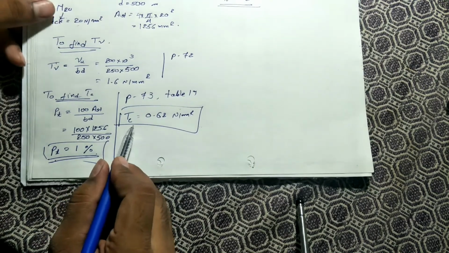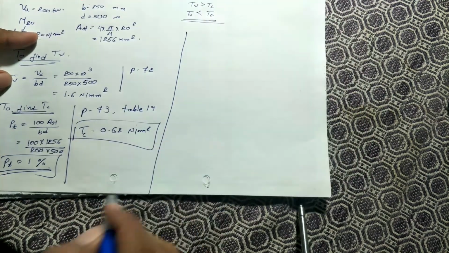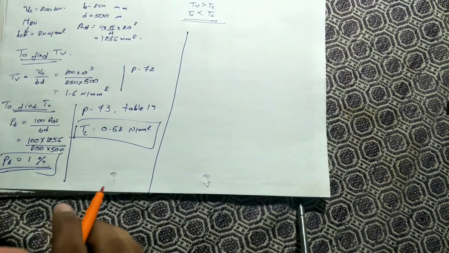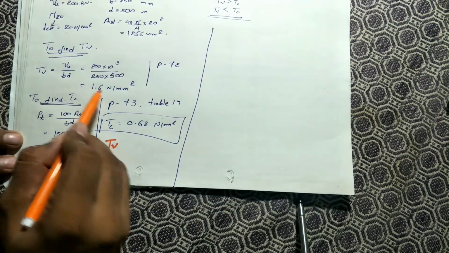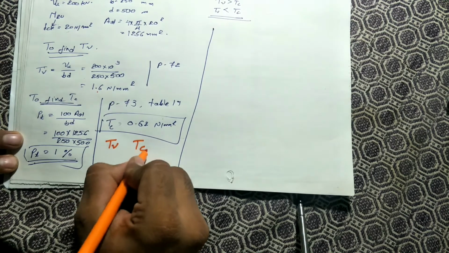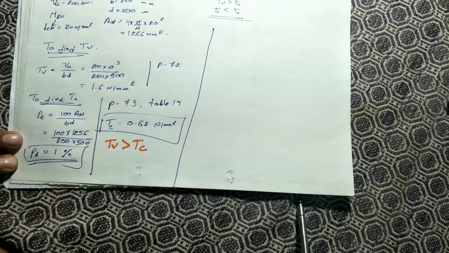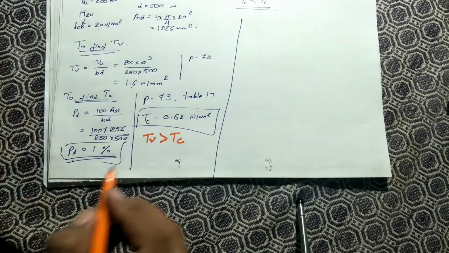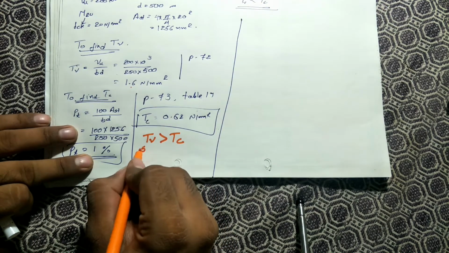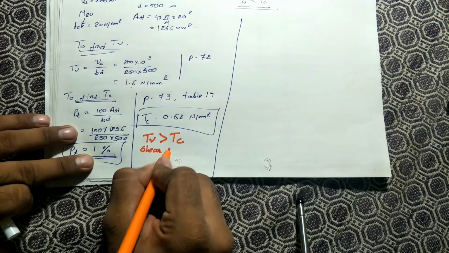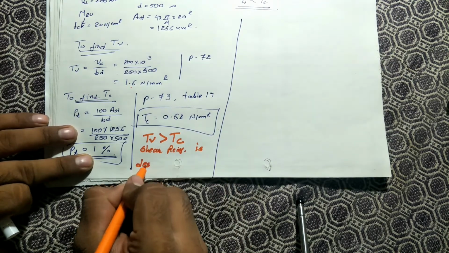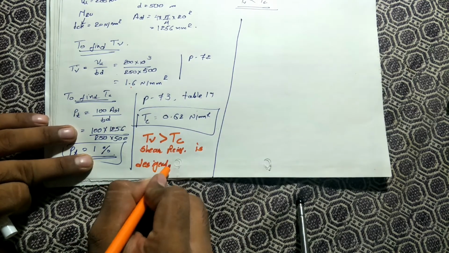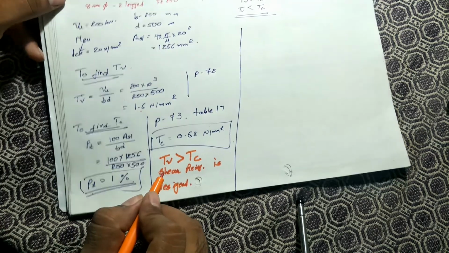You can easily find it from table number 19, page number 73. So we have the condition over here: tau v value is 1.6 and tau c value is 0.62. So tau v is greater than tau c. So we can say that shear reinforcement is to be designed.